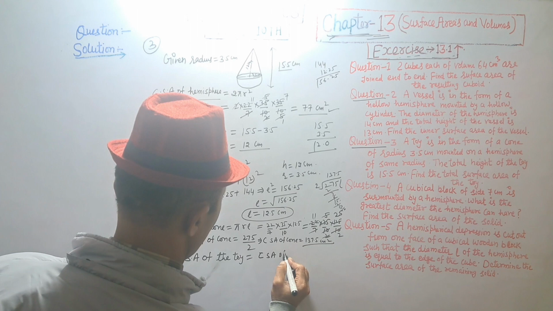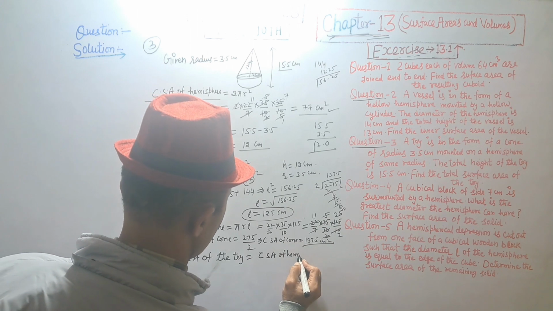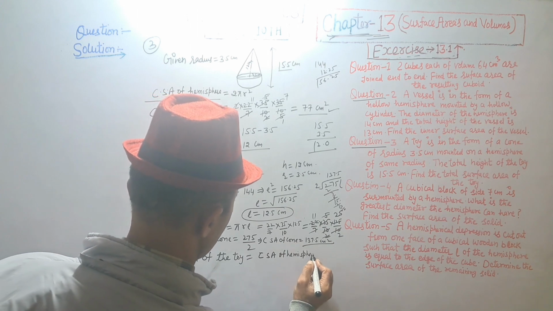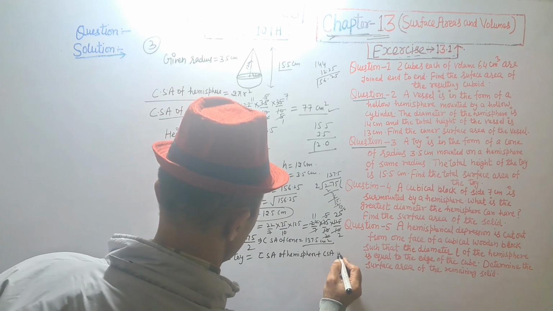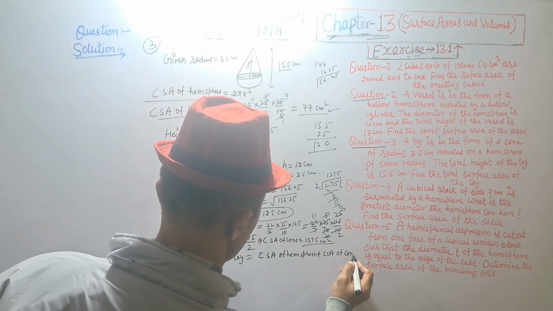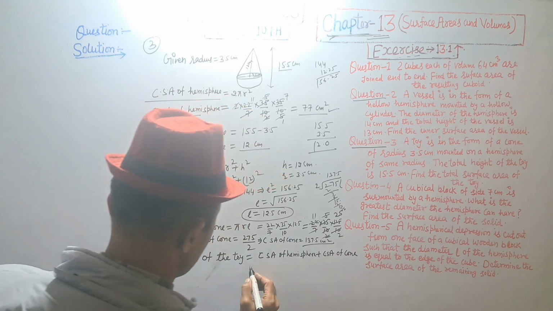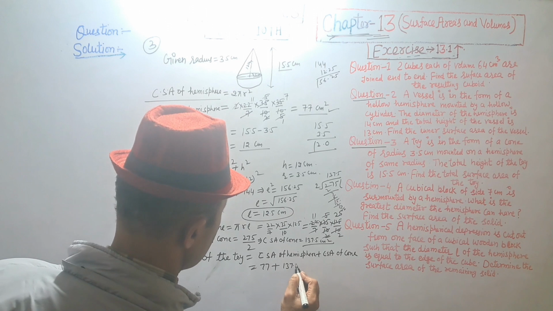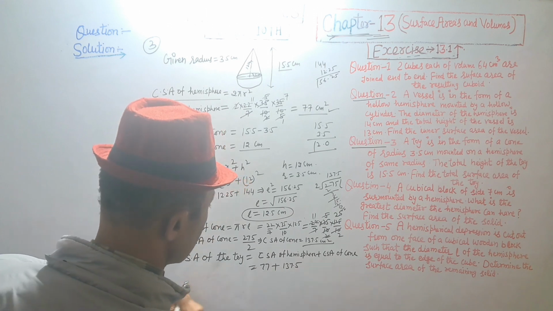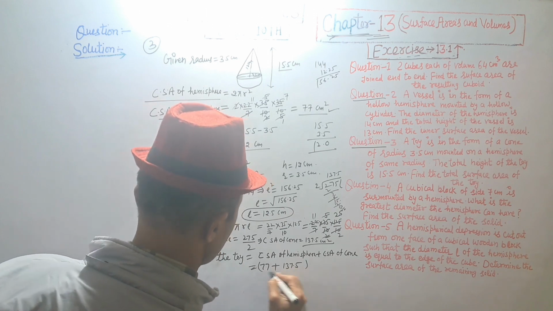CSA of hemisphere plus CSA of cone, that is equal to 77 plus 137.5 centimeter square.